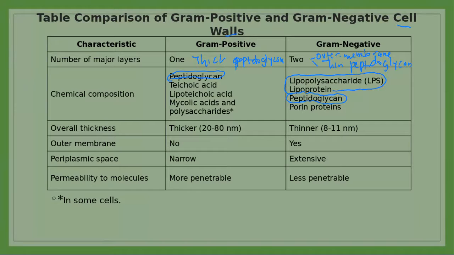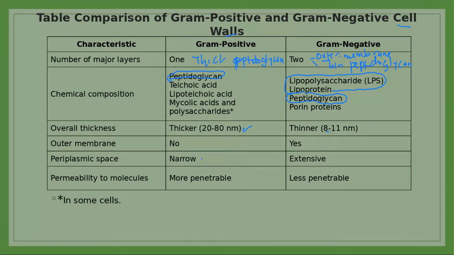The thickness of gram-positive is really thick, between 20 to 80 nanometers, and gram-negative is only between 8 to 11 nanometers. Gram-positive has no outer membrane. This one, yes, it has the outer membrane, which consists of lipoprotein and lipopolysaccharide.